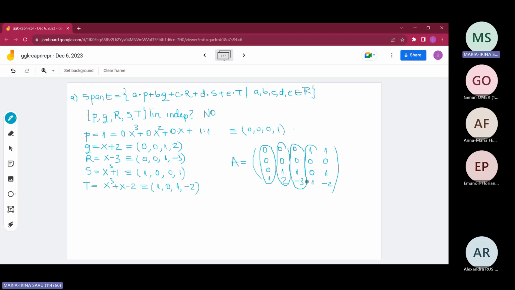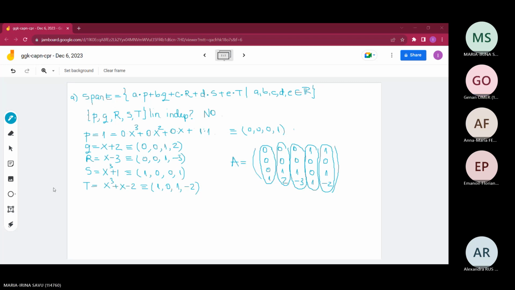Please extract from here linearly independent vectors. We cannot extract linearly independent vectors from here only.